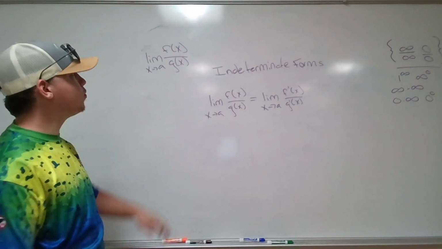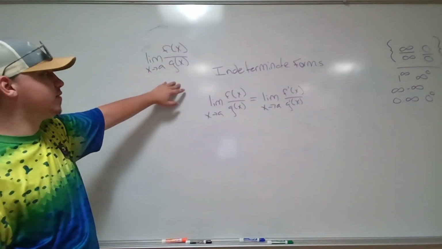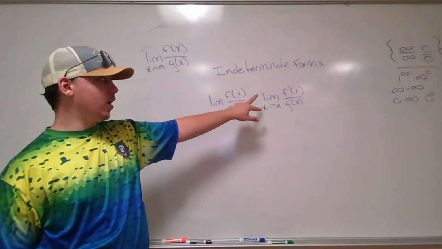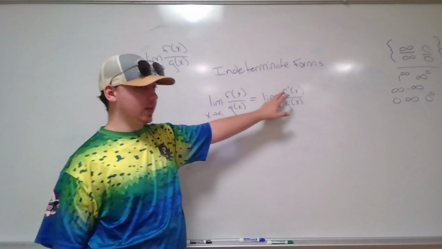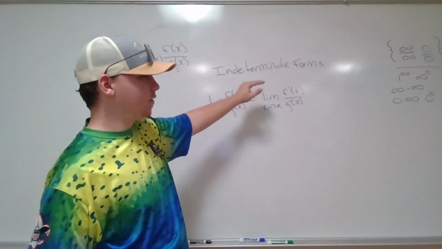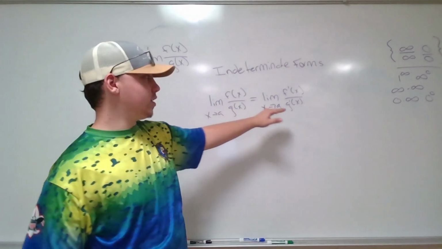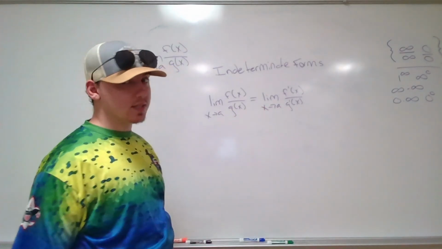When you end up with a limit where f and g approach those values, you can just take the derivative of both of them separately. It's not even like a quotient rule or something. You just take the derivative at the top and put it in the numerator, derivative at the bottom, put it in the denominator, and then evaluate the limit as is.